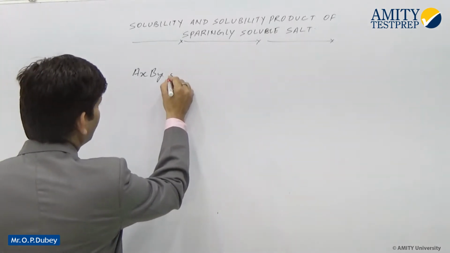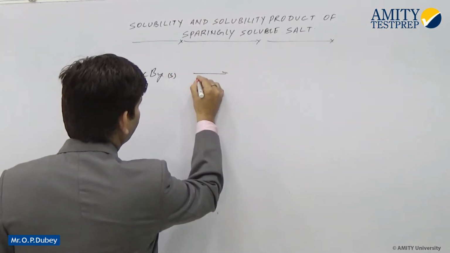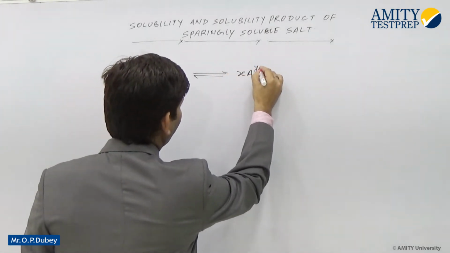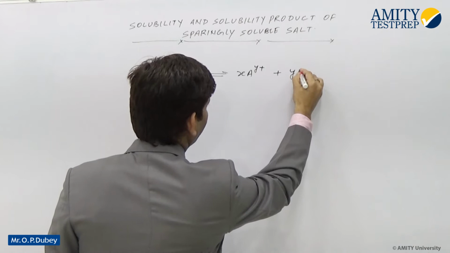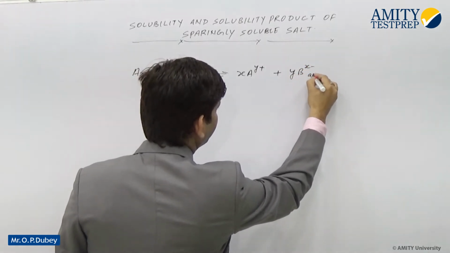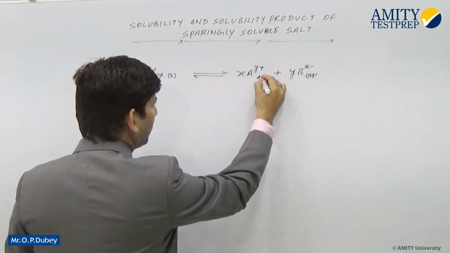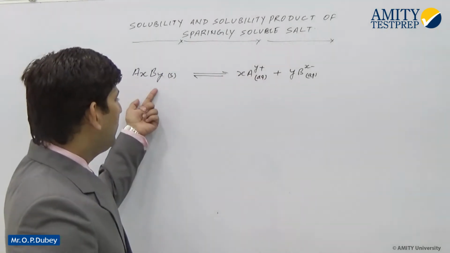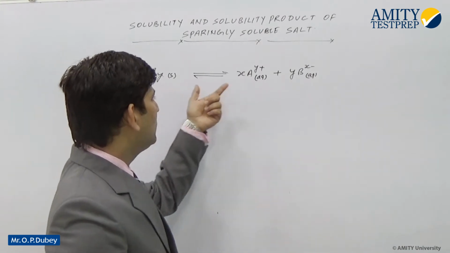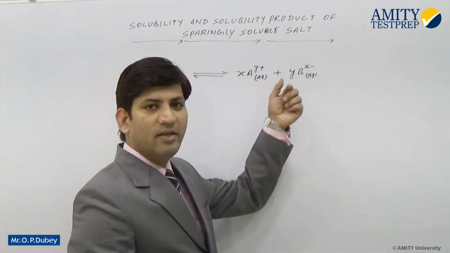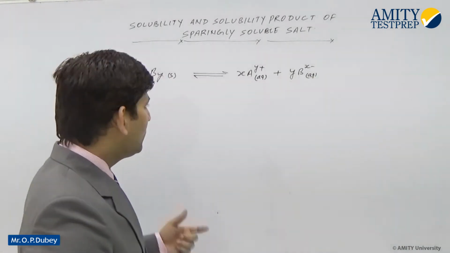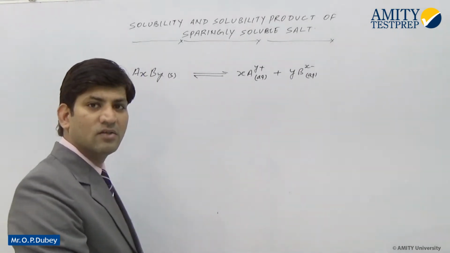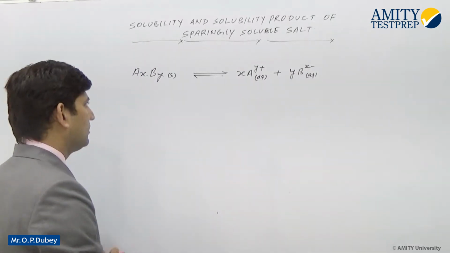When this sparingly soluble salt is dissolved in water, it dissociates as AxBy solid in equilibrium with x A^y+ aqueous plus y B^x- aqueous. When it dissolves in water, it dissociates into A^y+ and B^x-. Suppose the solubility of this salt is S moles per liter.